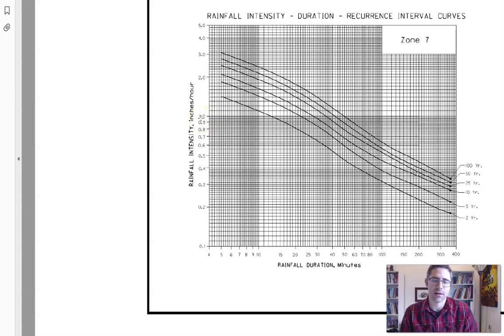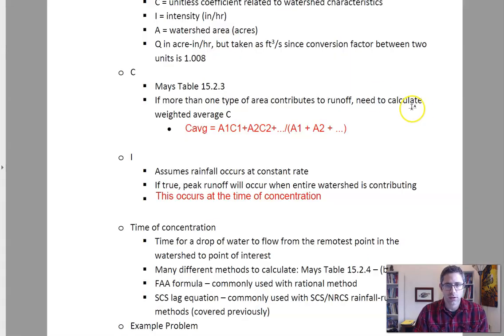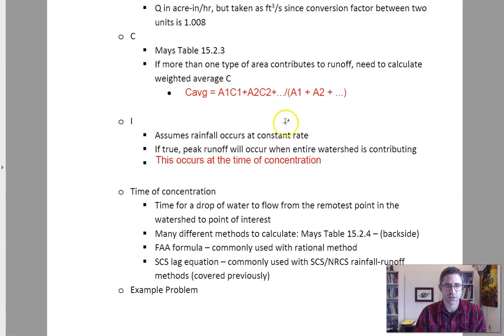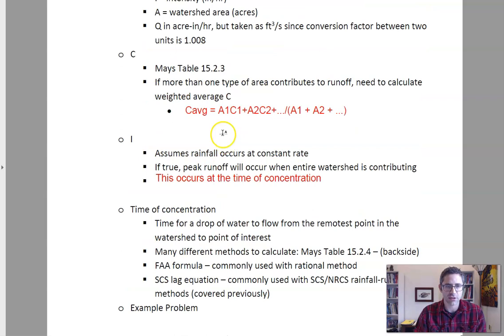That's the intensity I'm going to plug in for I in the equation. So that intensity is the one at my time of concentration as the rainfall duration. All right. So that's I, and then finally A is just the watershed area in acres.